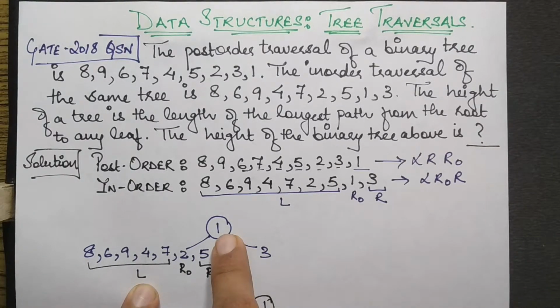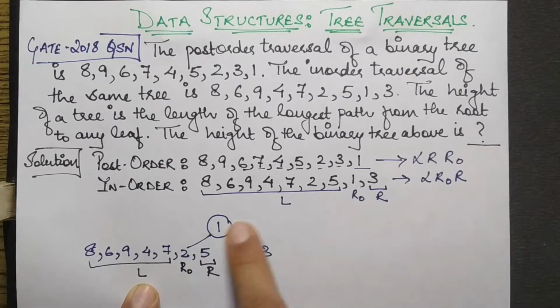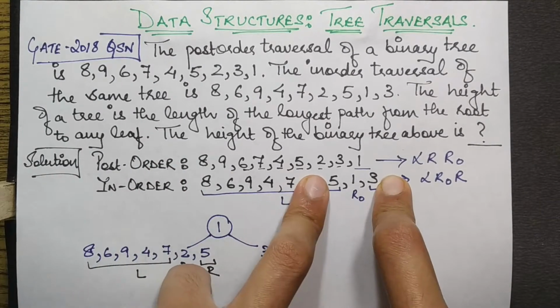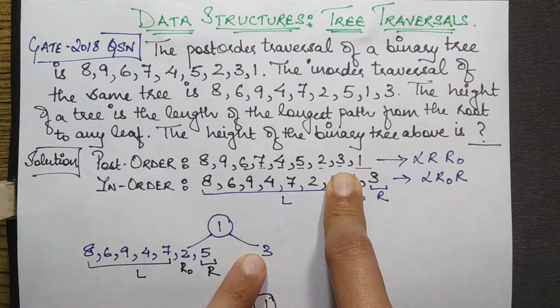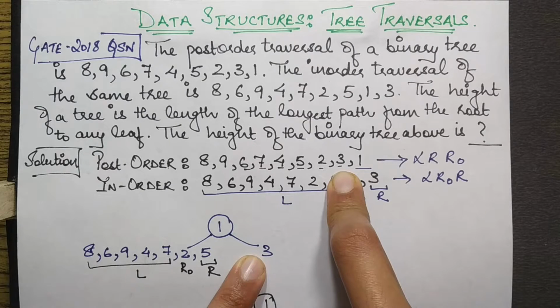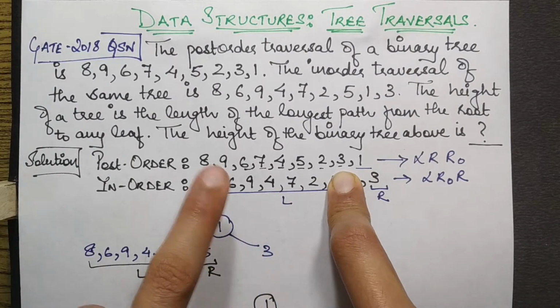So now we have a root over here and we have a right side element. Now again we look at the post order. The next root is 3, and clearly we do not have any left child or right child over here, so we are done with this part.